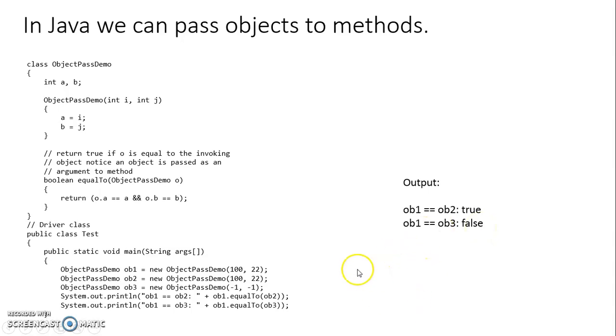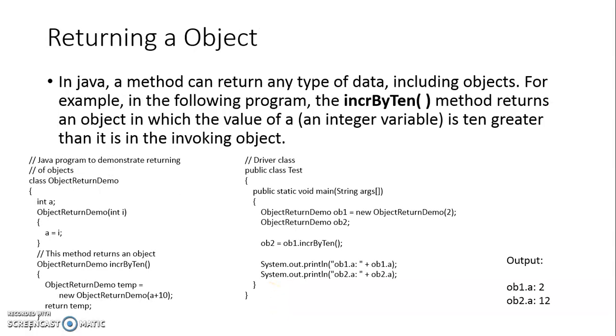Now here in this program, we have passed an object to the method. This is an example. Now another is how an object can be returned. In Java, a method can return any type of data including objects. For example, in the following program, incrByTen is a method which returns an object in which the value of an integer variable is 10 greater than it is in the invoking object.